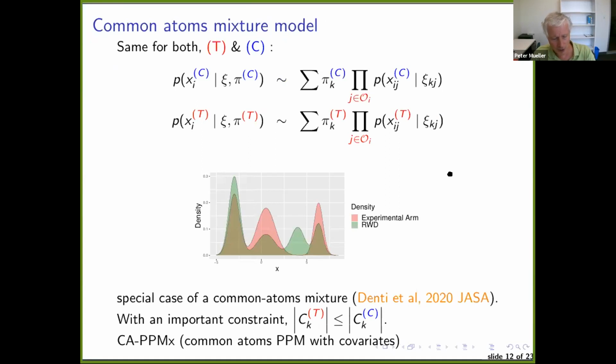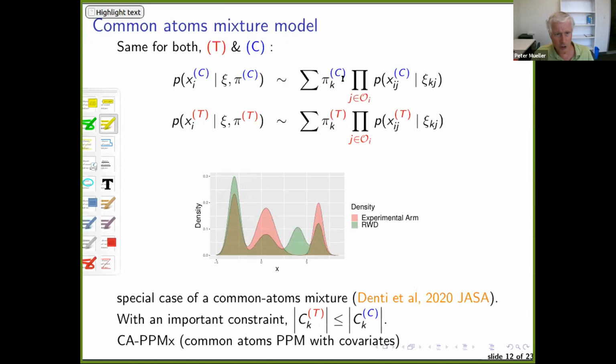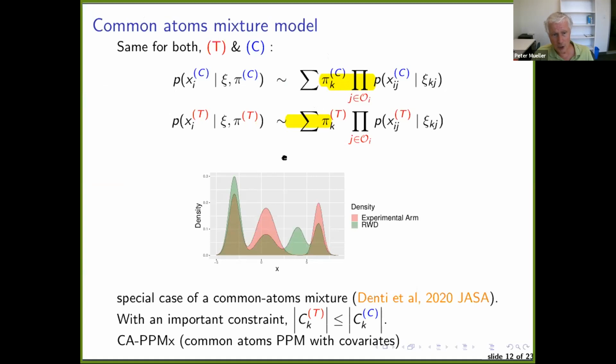Focusing on this expression that you see here for the two common atom mixture models, does it sound plausible that if we just focus on the weights on these pies here, if we use ratios of the weights, then we should be able to somehow make the blue patients look like the red patients? It's maybe not immediately obvious. Some details are missing. They're coming up on the next slide.